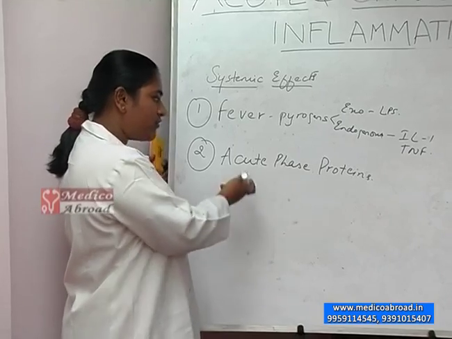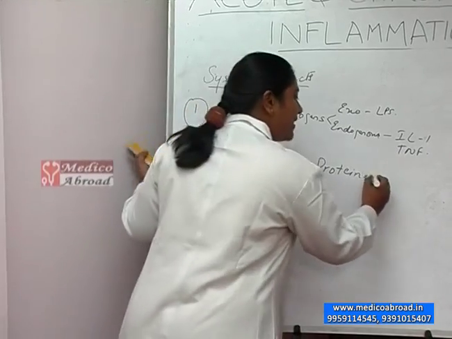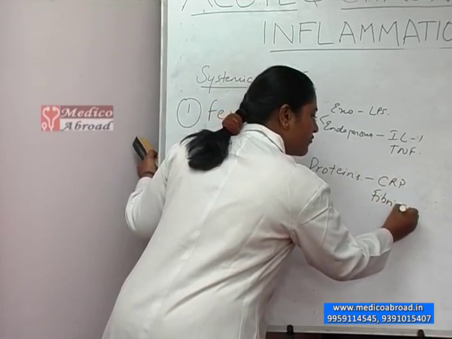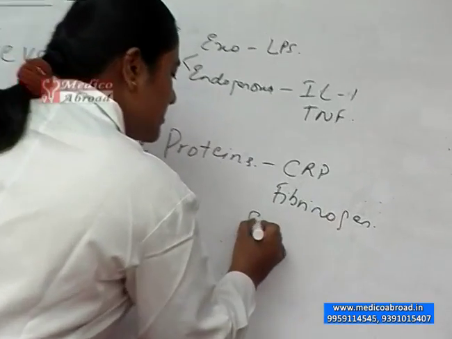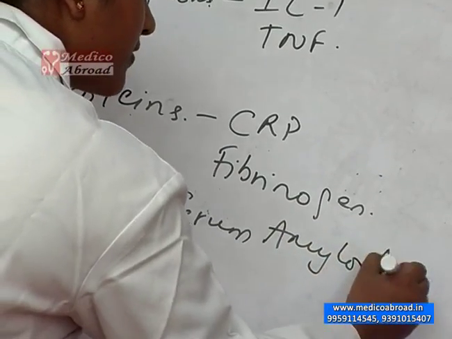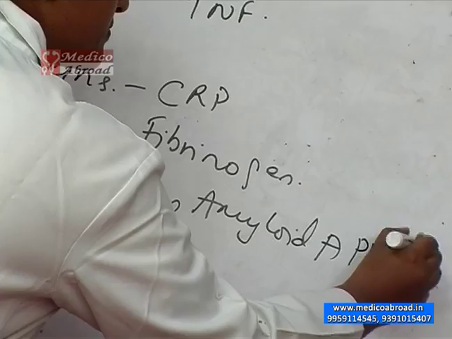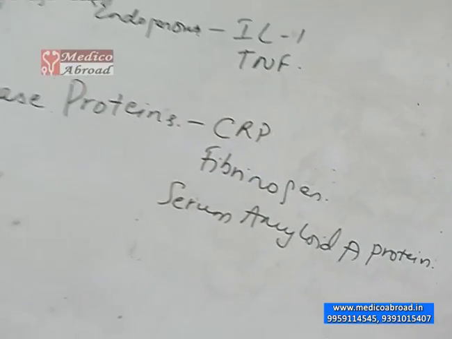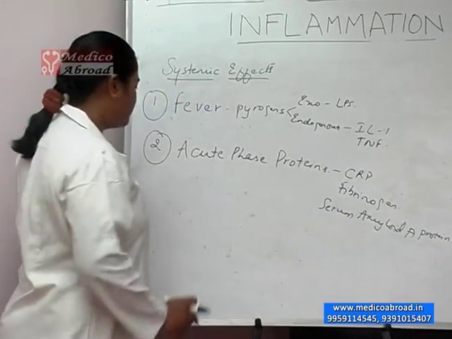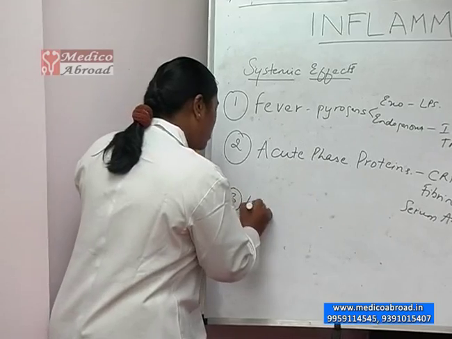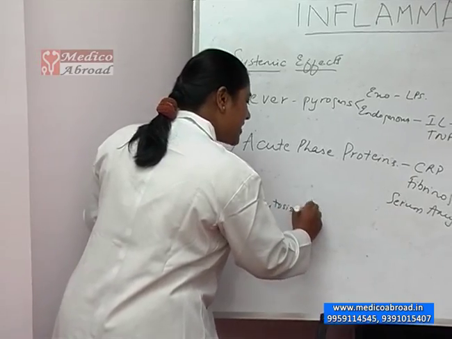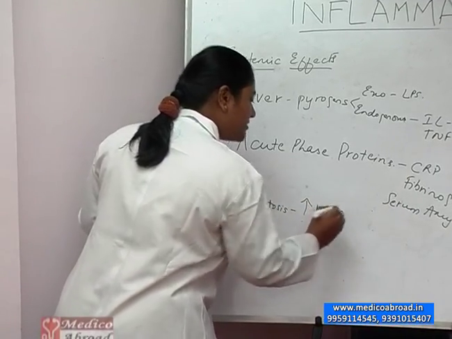Then there is a production of acute phase proteins which may be C-reactive protein, fibrinogen and serum amyloid A protein. The acute phase proteins are C-reactive protein, fibrinogen, serum amyloid A protein. Then there is leukocytosis, which is an increase in white blood cells.